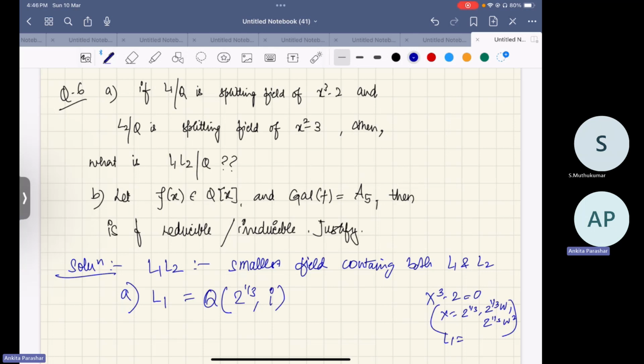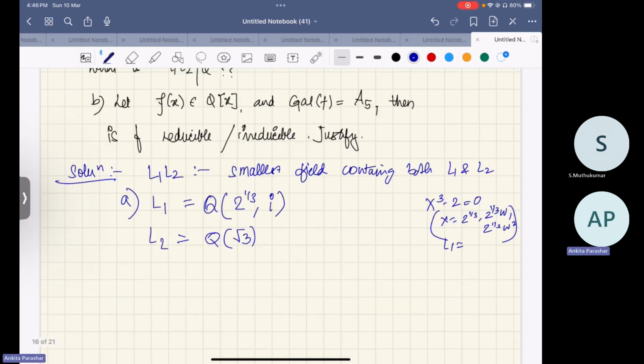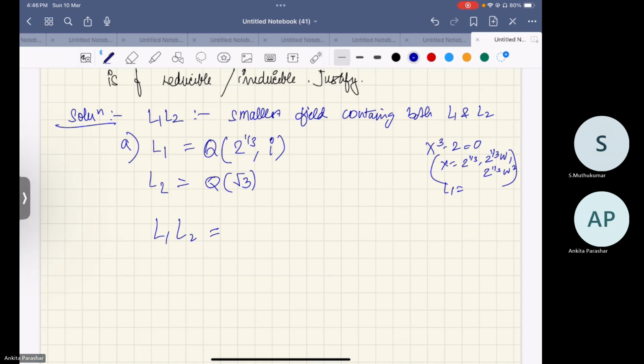If you don't mind, I will take i. Okay. Now what about L2? L2 is Q of root 3, only root 3. So what will you say the composite then? It is Q of root 3, 2 power 1 by 3, comma i. That's it, the smallest field containing all.